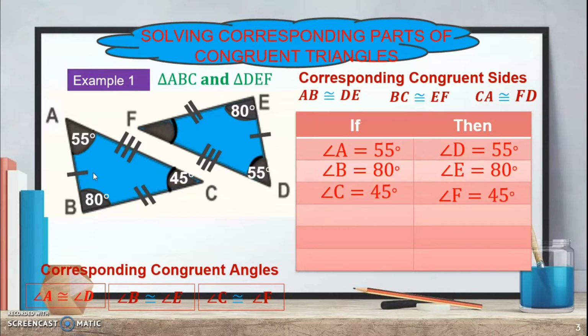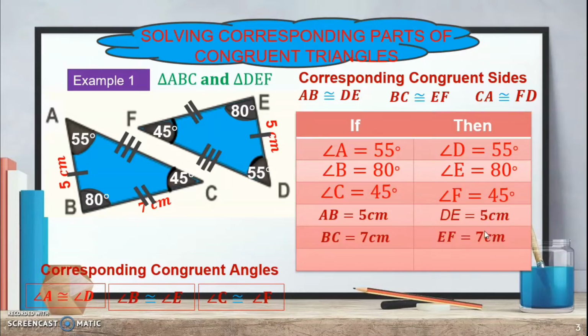Next, the sides naman tayo. If side AB is 5 centimeters, then side DE is also 5 centimeters. If side BC is 7 centimeters, then side EF is also 7 centimeters.